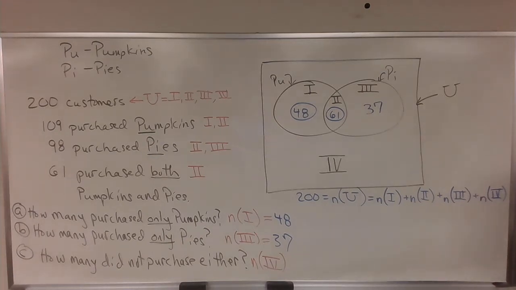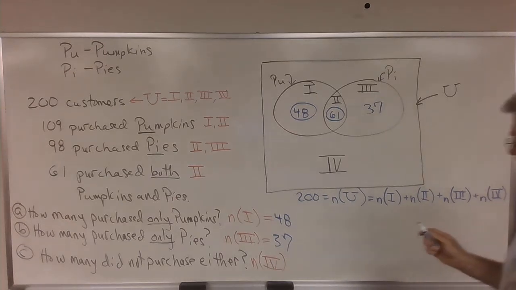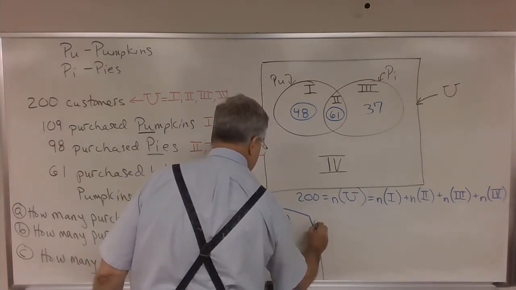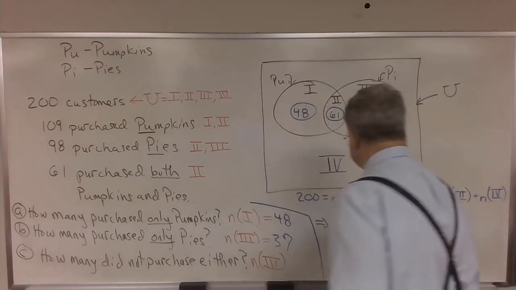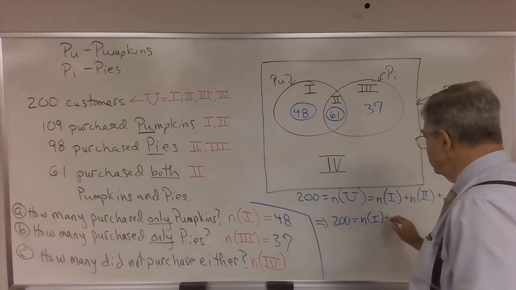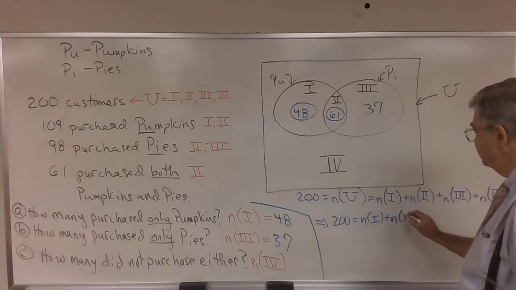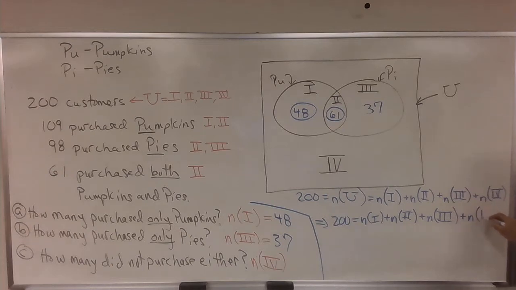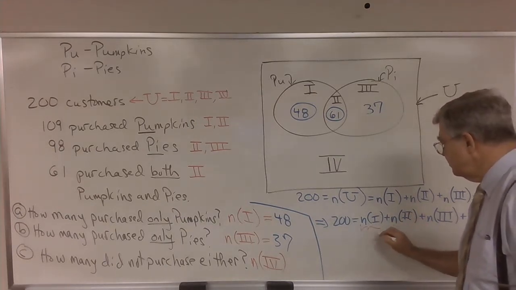Okay. So that means 200 people equal the number in region 1 plus the number in region 2 plus the number in region 3 plus the number in region 4. And region 1, that's 48.